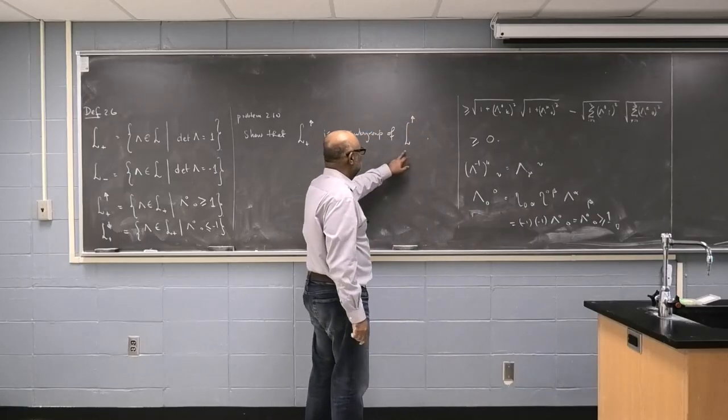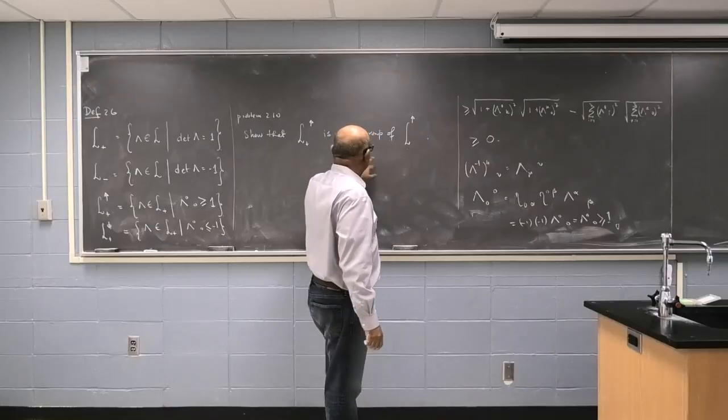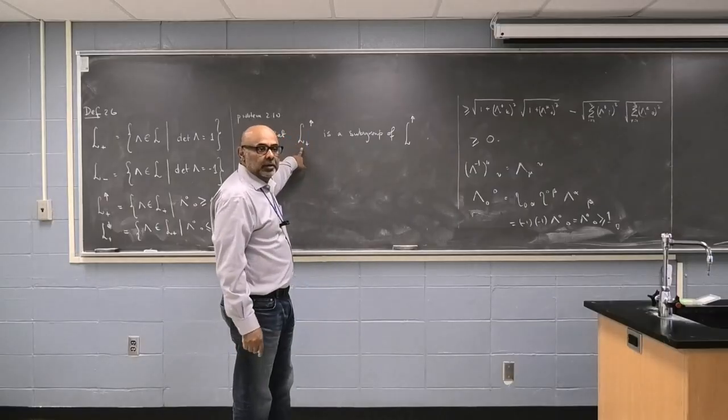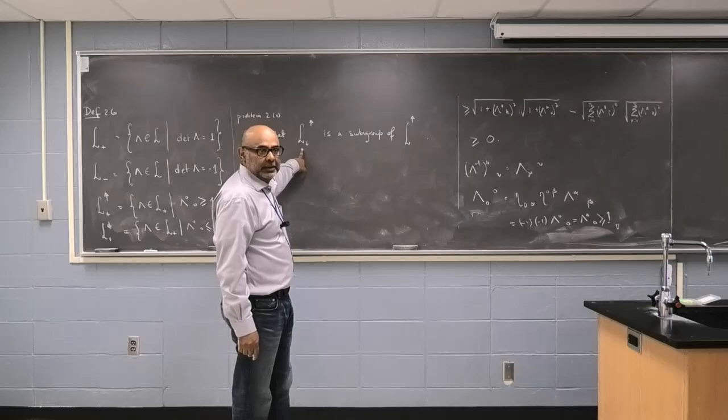We already have shown that if it's orthogonal, it's a subgroup. This is a subgroup of a subgroup of a subgroup. This is the one that we care the most about.